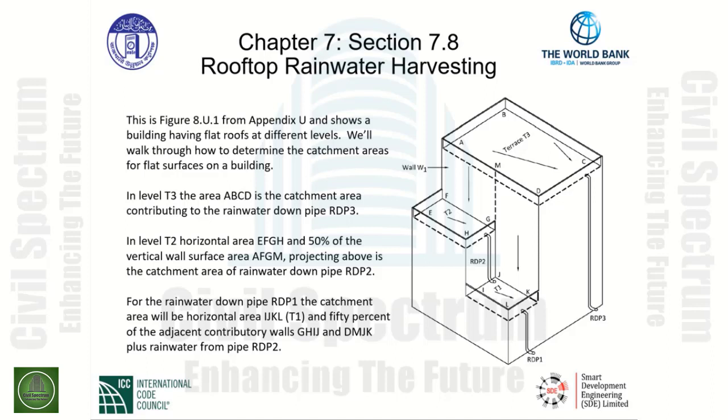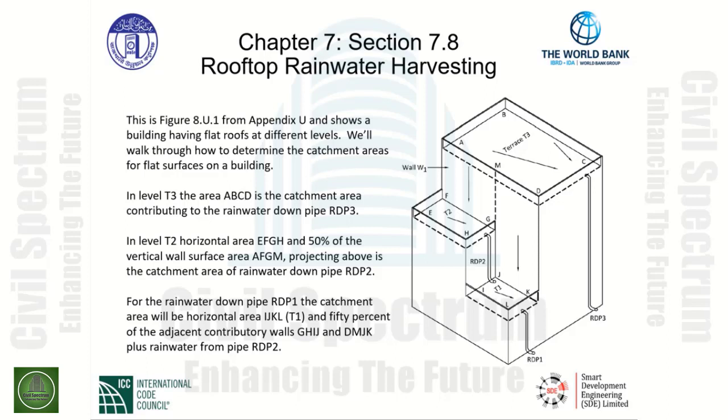In level T3, the area bounded by A, B, C, and D is the catchment area, contributing to the rainwater downpipe RDP3.